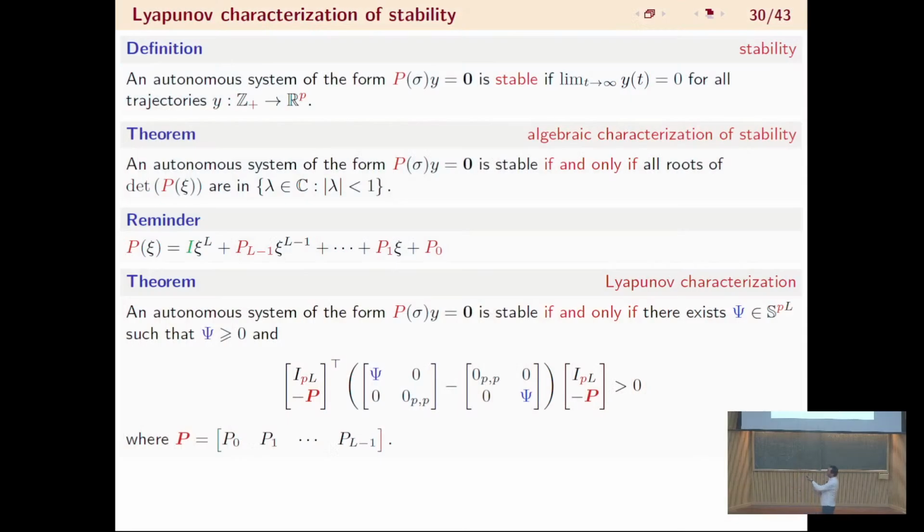Such an autonomous system is stable if and only if there exists a psi greater than or equal to 0 with this dimension, which satisfies this matrix inequality, where bold P is this matrix, which collects the P matrices.